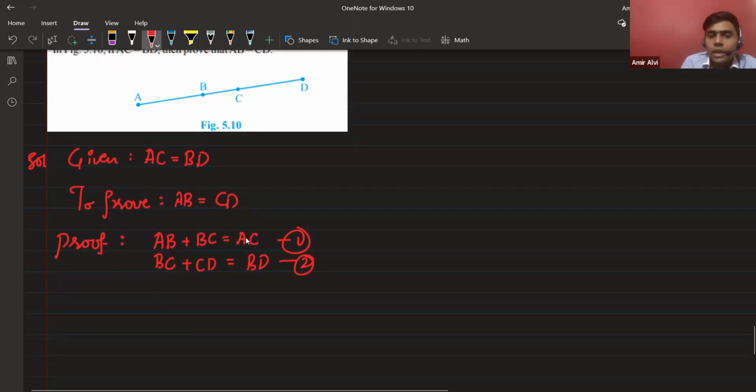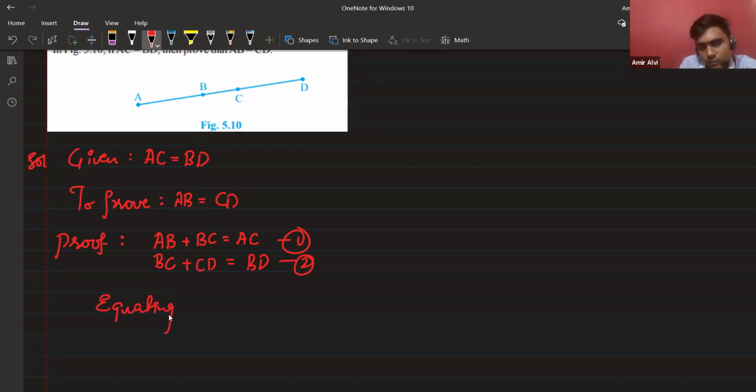Now tell me, AC and BD are already equal. So can I equate both of them, these two parts? Yes. Simrat, please be honest. If you are clear with this step, yes or no? Yes. So basically equating equation 1 and equation 2.